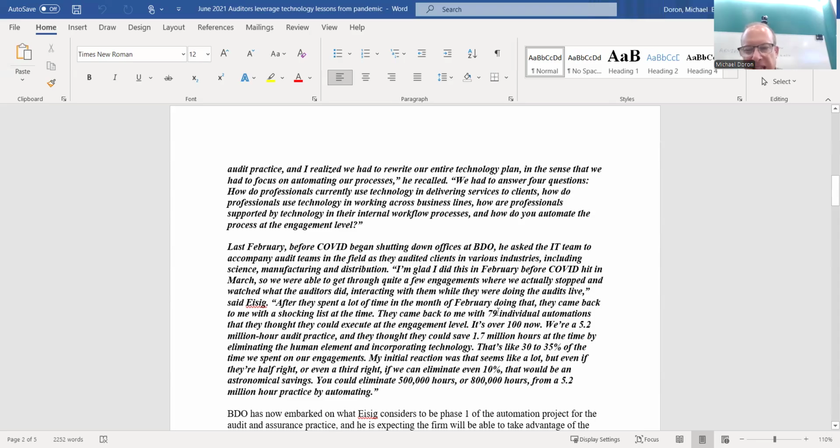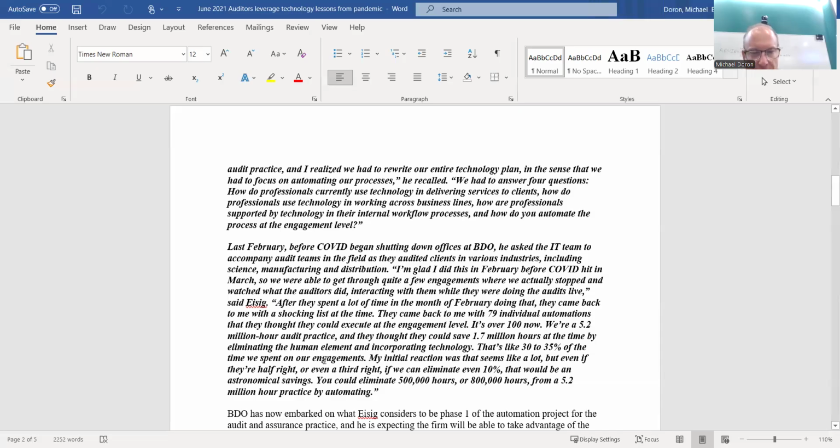They came back to me with 79 individual automations that they thought they could execute at the engagement level. It's over 100 now. We're a 5.2 million hour audit practice, and they thought I could save 1.7 million hours at the time by eliminating the human element and incorporating technology. That's like 30 to 35% of the time we spent on our engagements. My initial reaction was that seems like a lot.